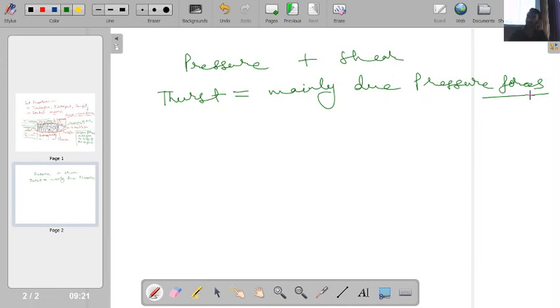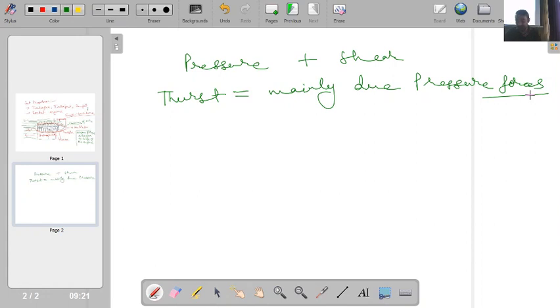Is this point clear? So in the thrust creation, the contribution of shear forces is not much, and the majority of the thrust is mainly because of the pressure force. That's why the assumption of inviscid flow does not cause much issue over here.